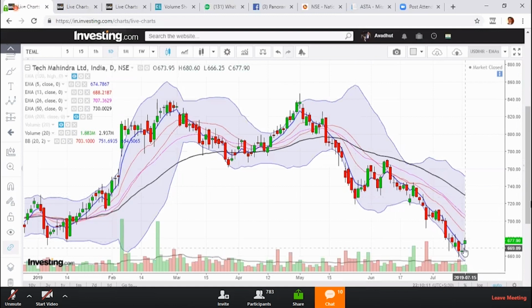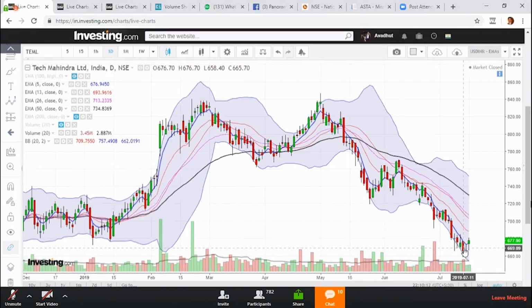Sorry, today Tech Mahindra is here, which clearly states that Tech Mahindra is a much bigger underperformer than Infosys and Nifty IT. Hence, for stock picking, you must always focus on which stock is outperforming vis-a-vis a sector index.